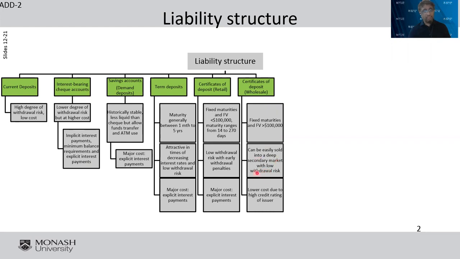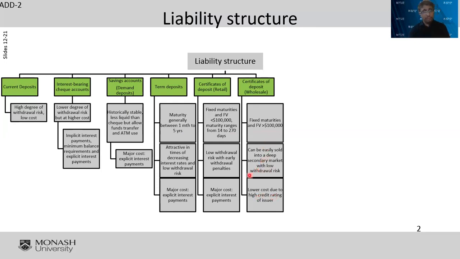They trade this in the secondary market among investors, and that's lower cost due to high credit rating. It depends on the credit rating of the bank, because it depends on the market rate. So this depends on how they evaluate the bank and its credit rating.